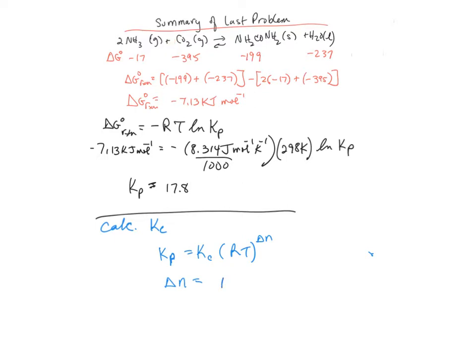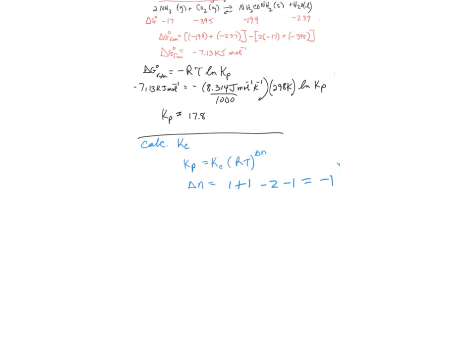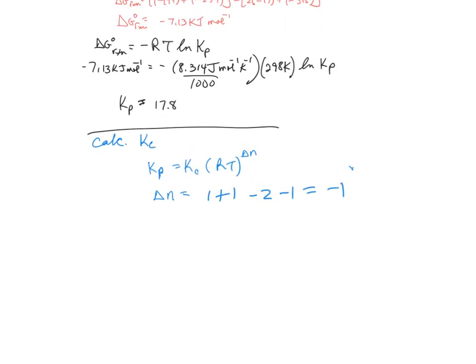So 1 plus 1 for the products, and then you say -2 minus 1 for the reactants. So this is 2 minus 3, so it's equal to -1. All right, so then you can plug that in.